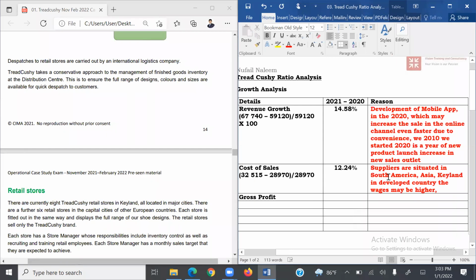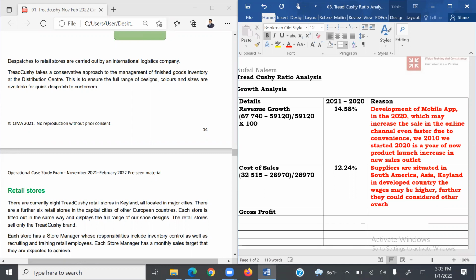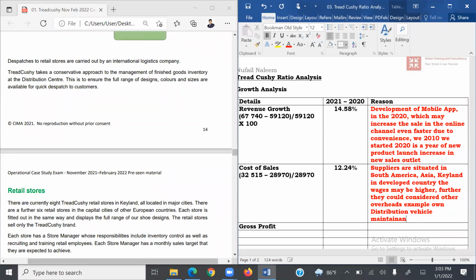It has gone up by 12.24 percent. Further, they could have considered other overheads, meaning fixed costs. For example, their own distribution vehicles. They have their own distribution vehicles, so they need to have the maintenance cost, everything. That is the basic point.